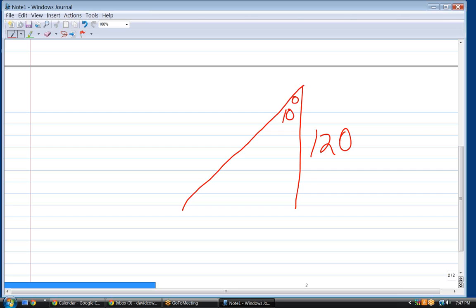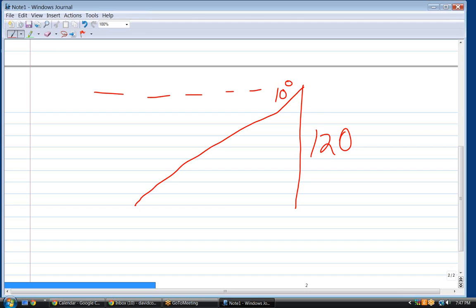In the picture they have the angle above there. This is the 10 degree angle. Okay. So this one actually would be 80. Make it like that. This is the water.